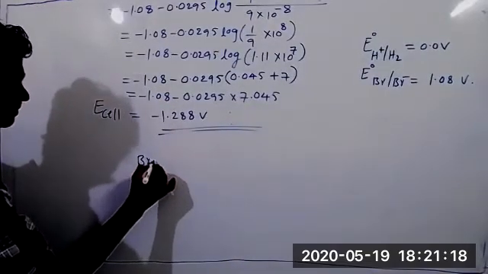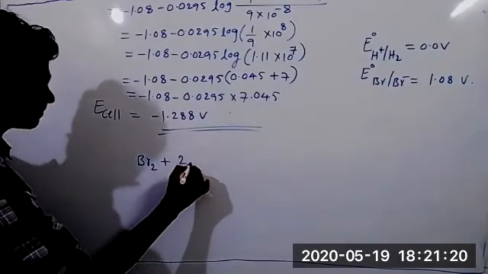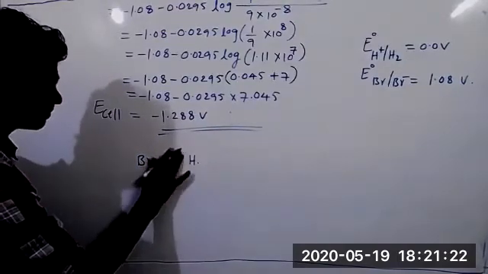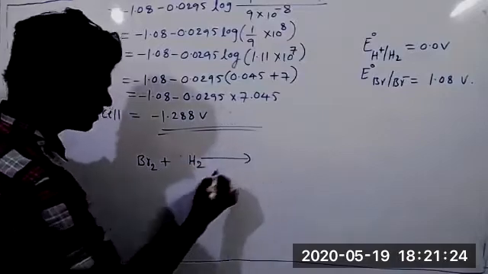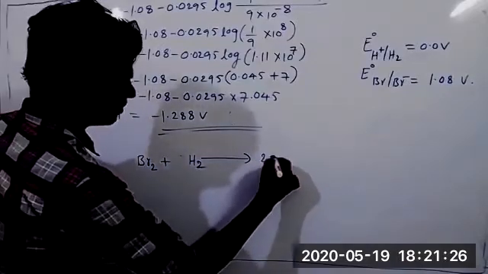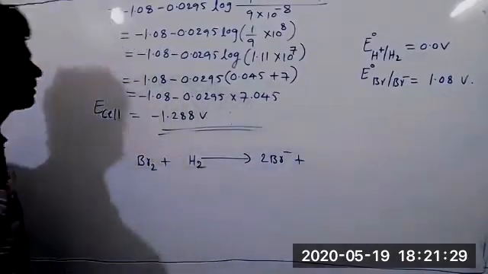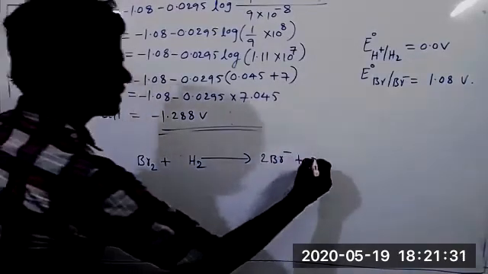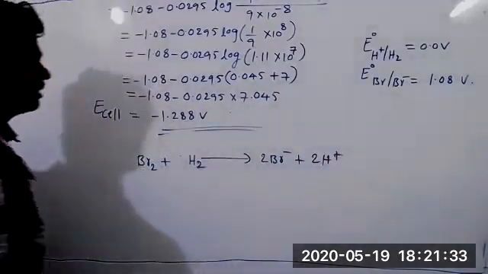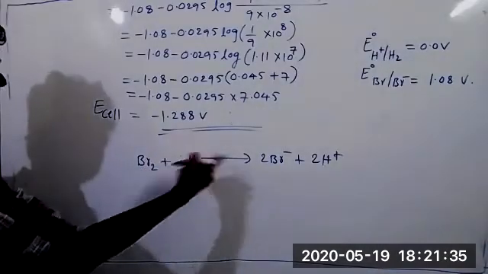Suppose the reaction Br2 plus H2 gives 2Br minus, 2H plus, and suppose the reaction happened in this direction.